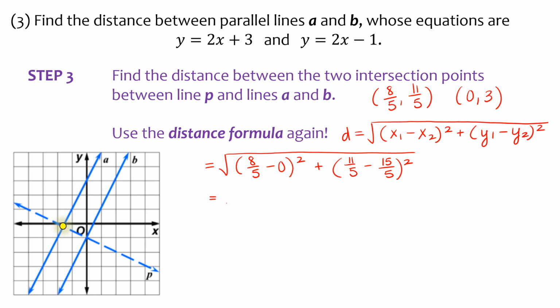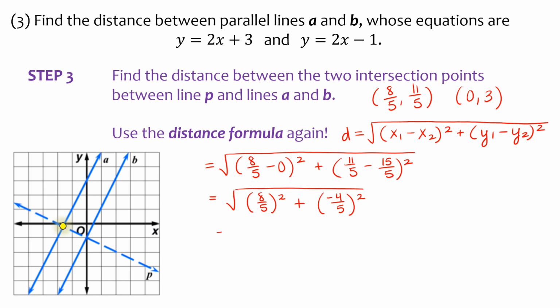Okay, so that comes out to 8 fifths squared plus, all right, 11 minus 15 is negative 4 fifths, all squared.